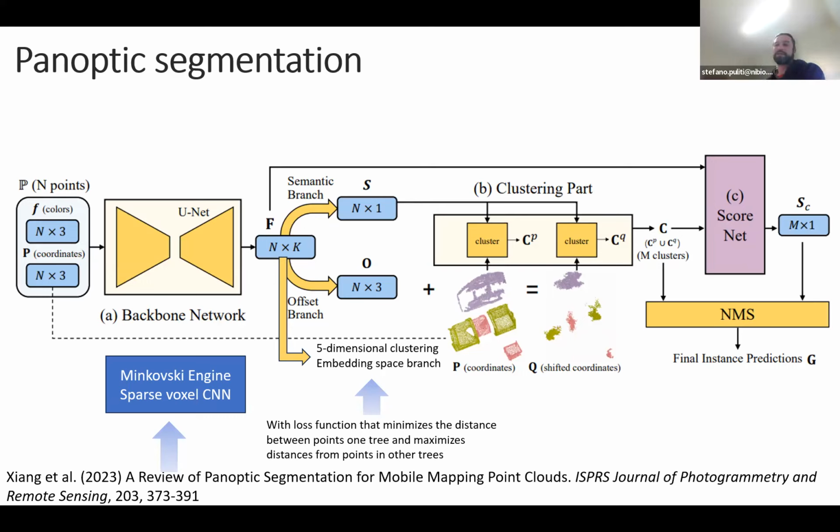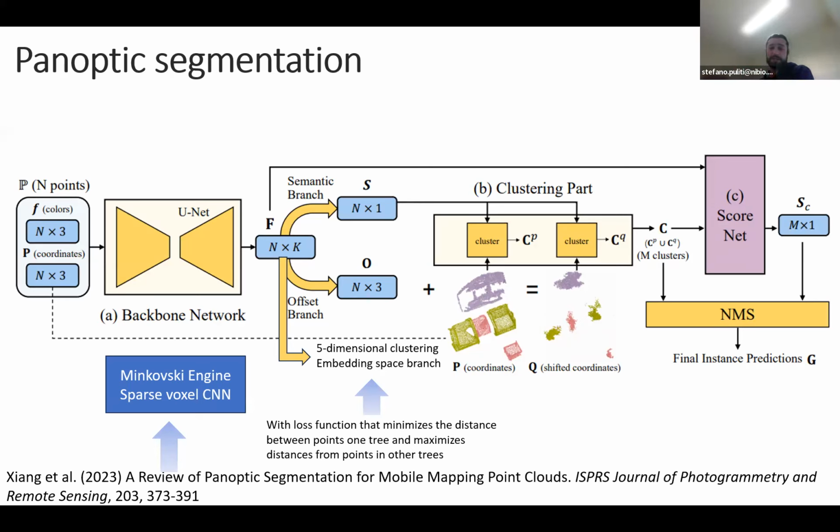What's particularly important is that the loss function used there is used to minimize the distance between the points within one tree and maximize the distance between the points to neighboring trees. So basically, it brings all the points towards a centroid or a center of gravity of that tree.